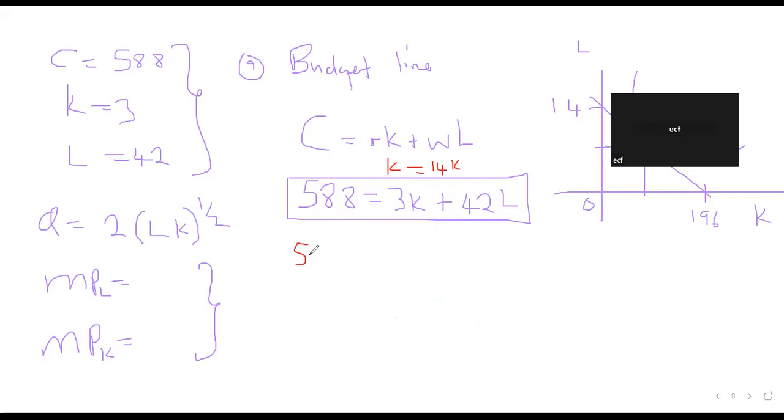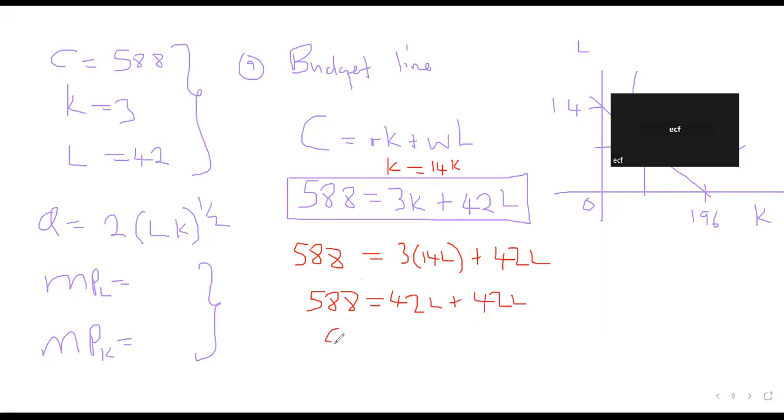So here 588 is equal to 14L times 3 plus 42L. So here 588 is equal to 42L plus 42L. So here we're going to have 588 is equal to 84L.